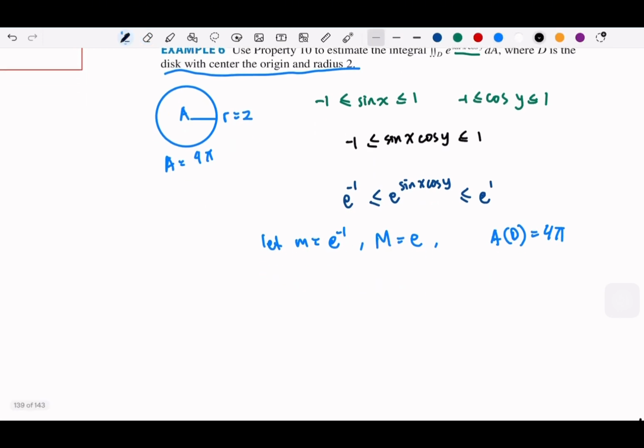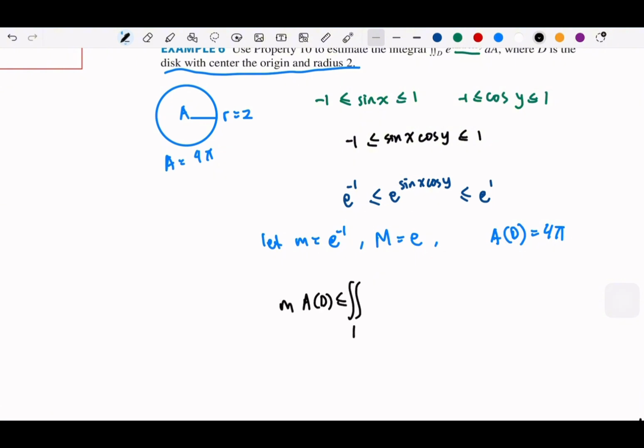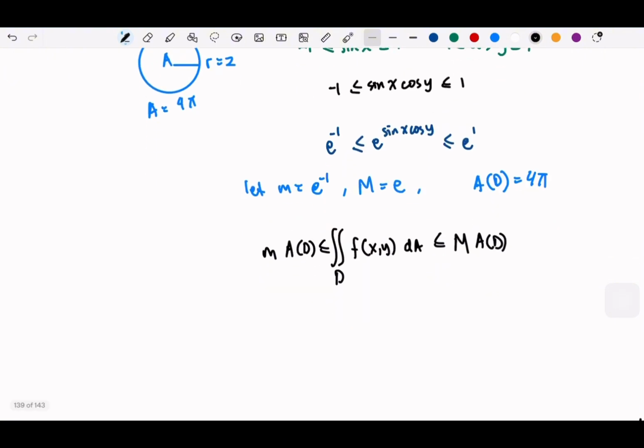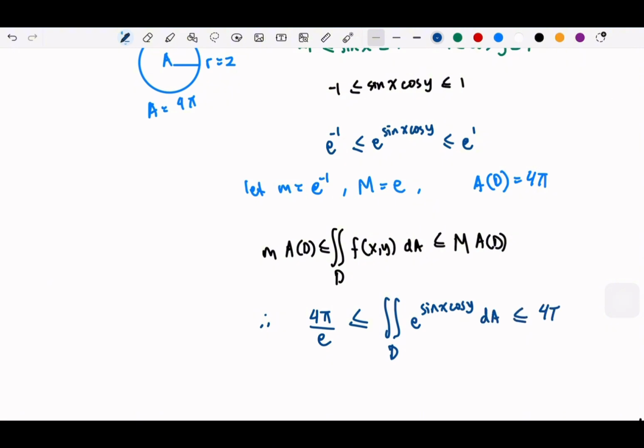So using the property, we might have some conclusion here. So 4 pi over e is less than or equal to our function, which is less than or equal to 4 pi e.